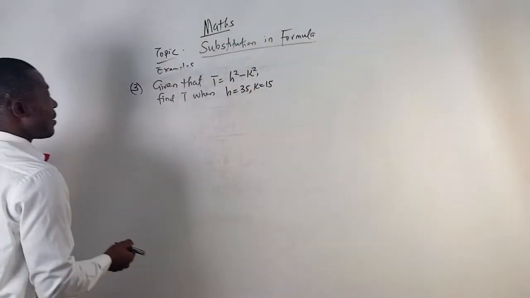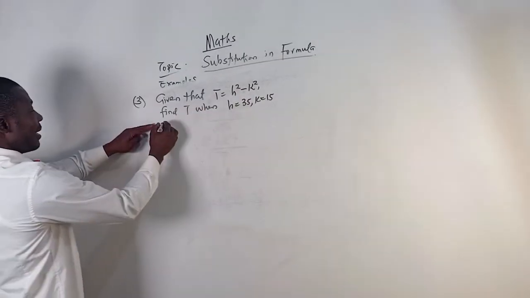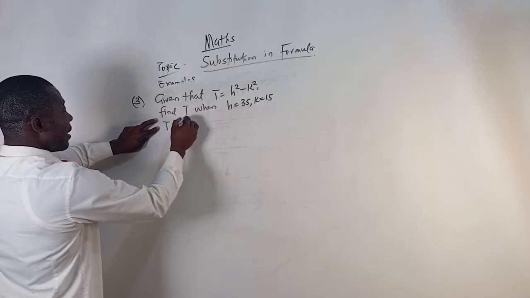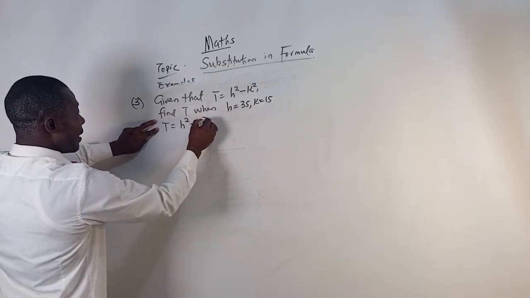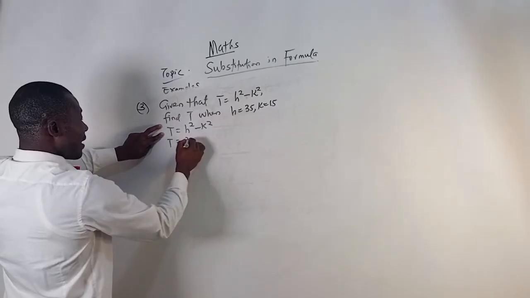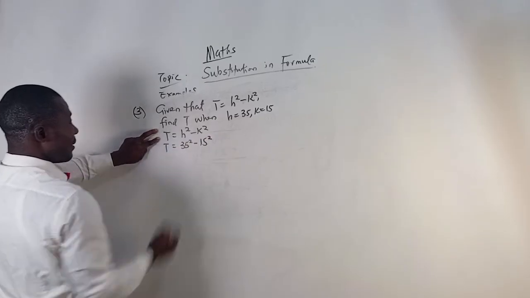So let's look at this equation. This is an equation because of the equals sign. Let's bring out our formula here, that is t equals x squared minus k squared. T equals h, which is 35 squared minus 15 squared.